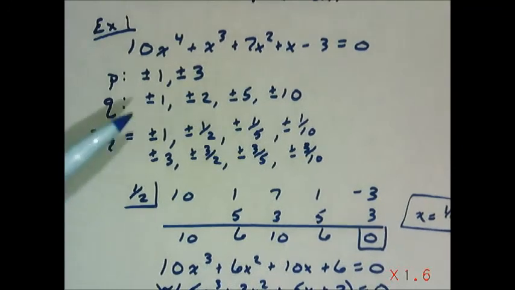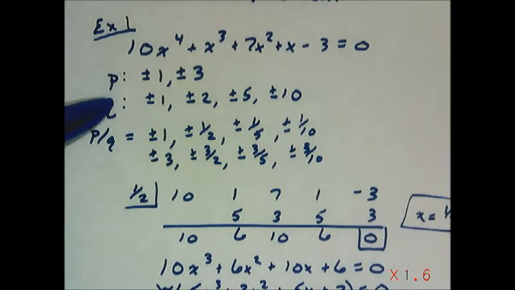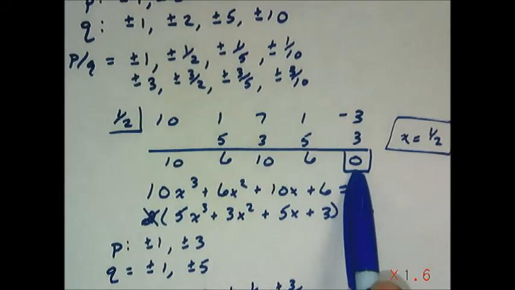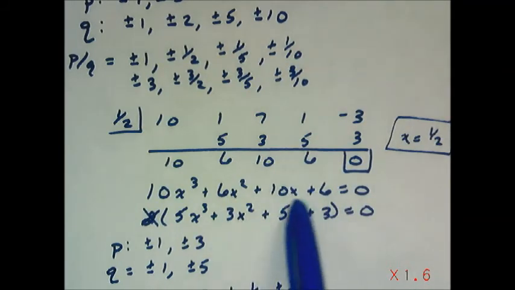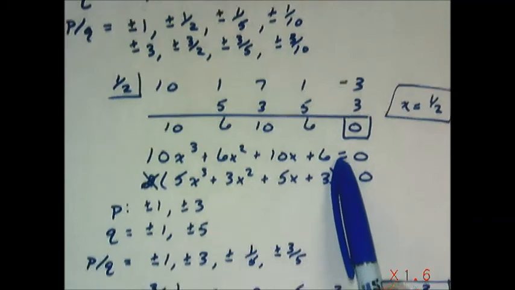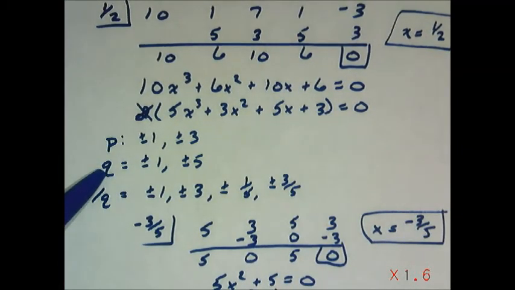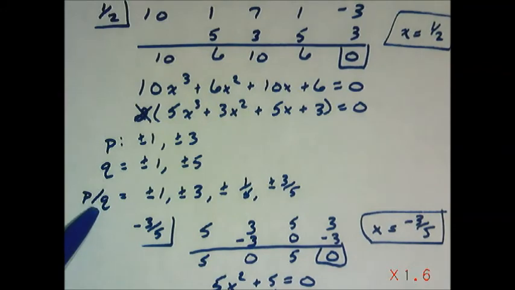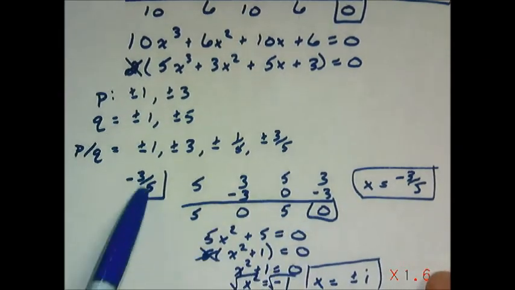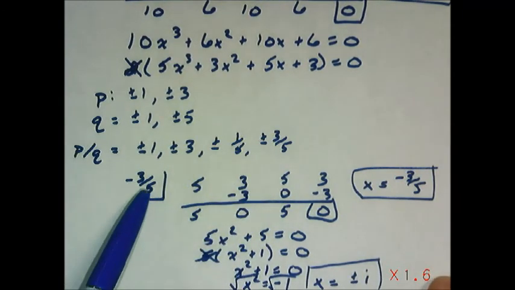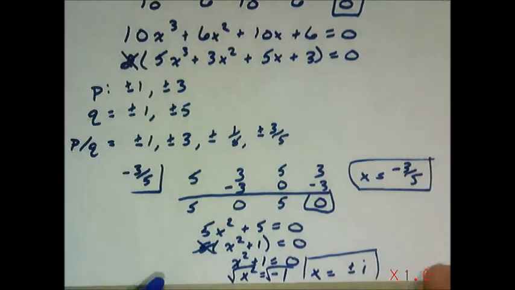So recapping our quartic, it works very similar to our cubic. We're going to find our p's and q's, p divided by q, and then find one that gives us a remainder of 0. Once we do that, we're going to write our cubic function, factor if we can, find our p's and q's, and p divided by q, find another 0 by again plugging in each of these numbers until we get one that's a factor, or a 0.